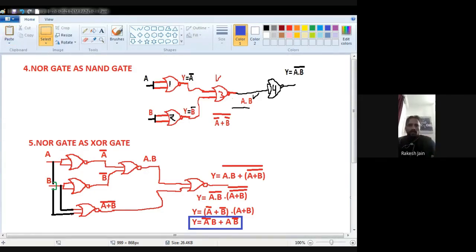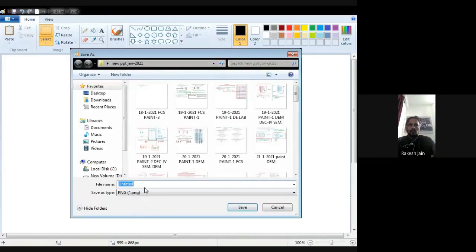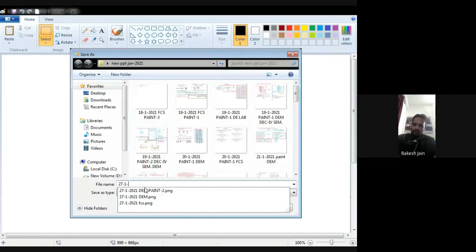Now we see finally NOR gate as a XNOR gate, and then our NOR gate as a universal gate topic will be completed. So now I am going to tell you how a NOR gate will behave as a XNOR gate. So see very carefully.